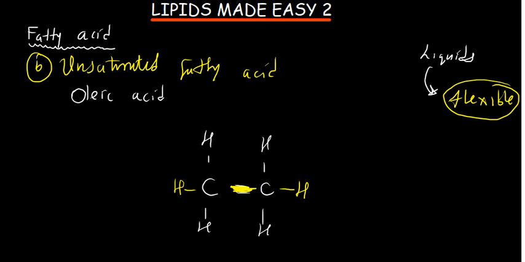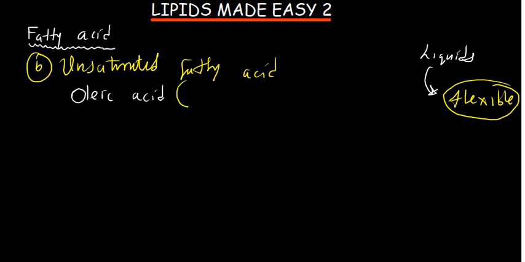It now becomes a single bond. So these are flexible because you can break that double bond and attach other substances there. When you do that, they are going to become saturated. So unsaturated fatty acids, you can react them with hydrogen to make them saturated. A common example is oleic acid. Now, oleic acid is also an unsaturated fatty acid.